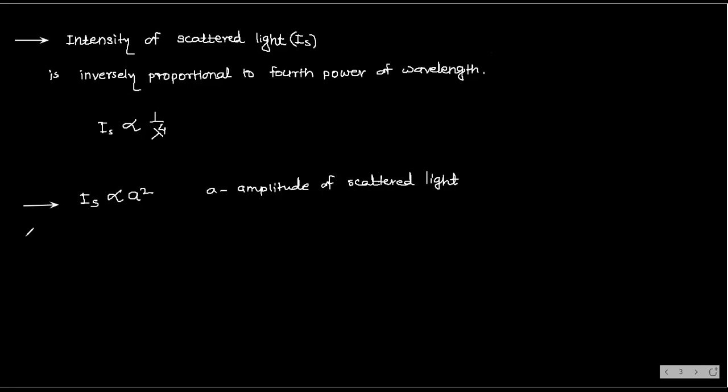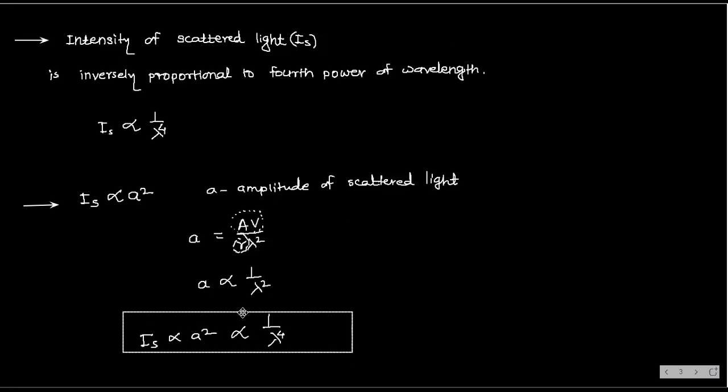And just now we have seen this relation, that A is equal to AV by r lambda square. Now this A is the amplitude of incident light, V is volume, and this r is all constant. So a is directly proportional to 1 by lambda square. Now IS is directly proportional to a square, so that is equal to 1 by lambda power 4. This is the relation which we are getting from this formula.